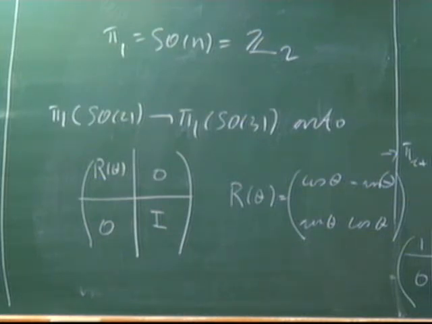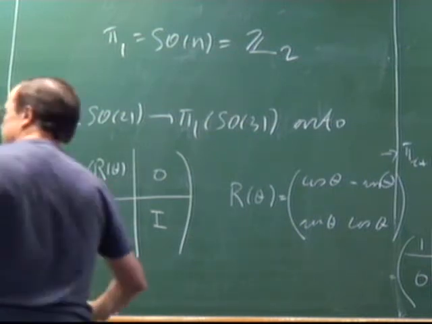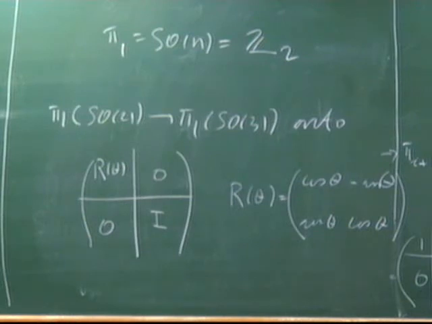Something like... okay, that's 180 degrees. That's twice times that. That's a picture. For physicists, that's a proof. Okay, so that's this one, and the other ones are similar.